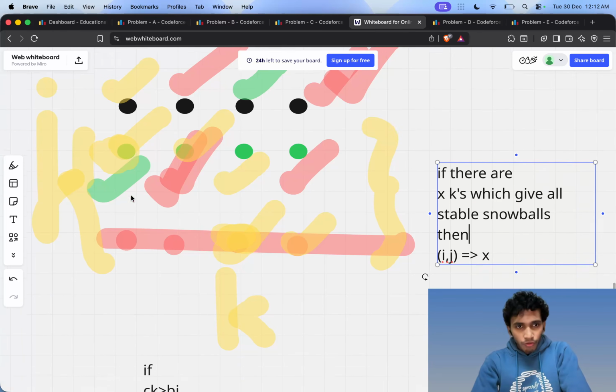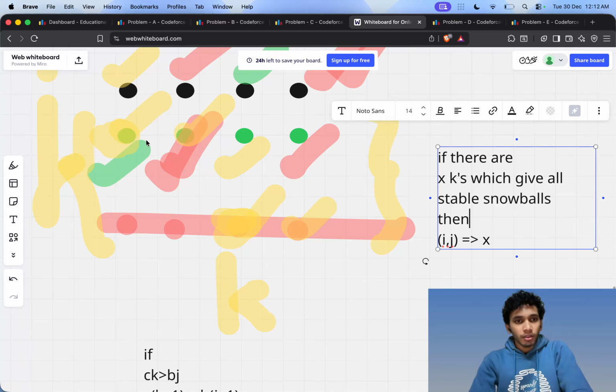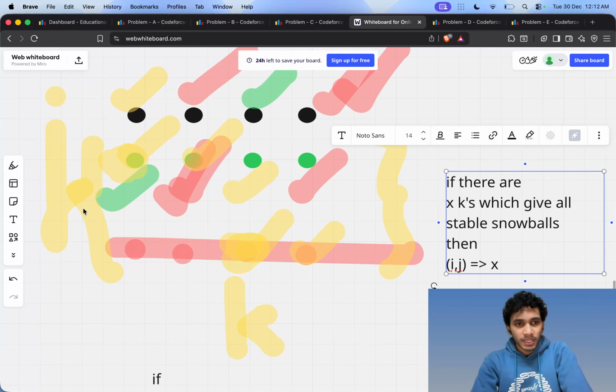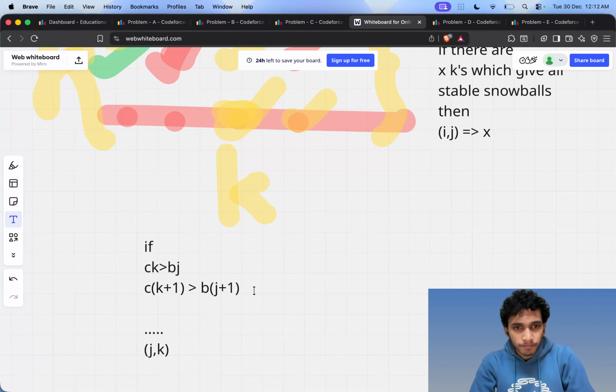All right. So what will our final answer be? For this j, how many stable indices are there in the C array? Okay. What do I mean?